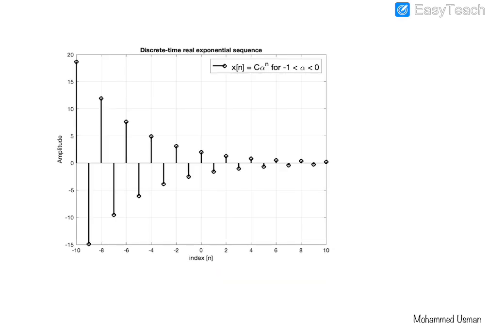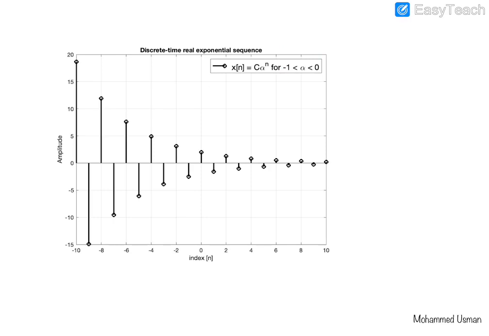So the final case here is when we have the discrete real exponential sequence with alpha lying between -1 and 0. In this case again we see that it's a decaying sequence as we increase the value of the independent variable n. So as we go on increasing the value of n, we see that the sample values are decreasing, but they are also alternating between positive and negative, right?